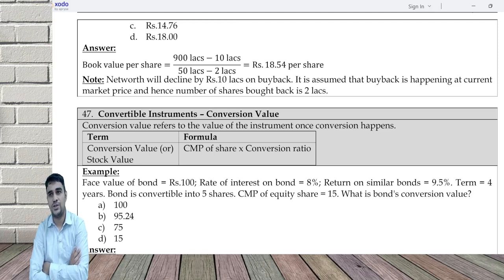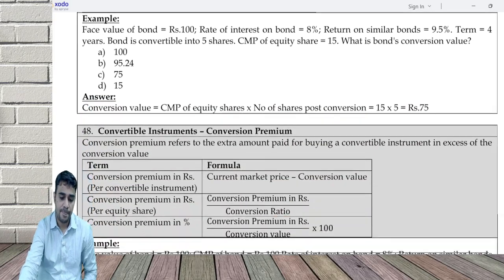No formula, please. What is the logic of conversion value? If conversion happens today, one bond will be converted into how many shares? 5 shares. What is the current price of a share? 5 into 15 is the answer, which is 75.